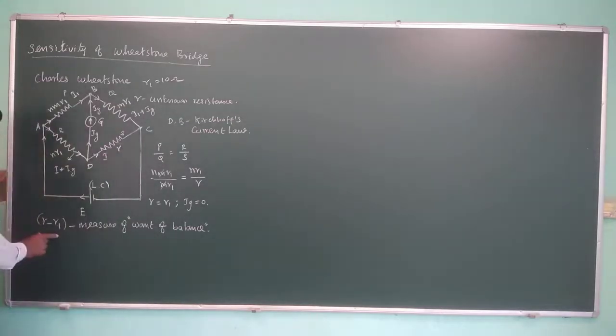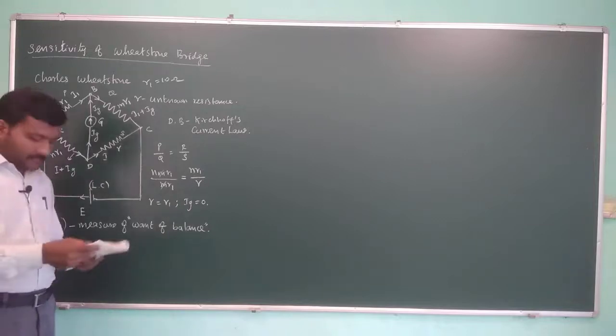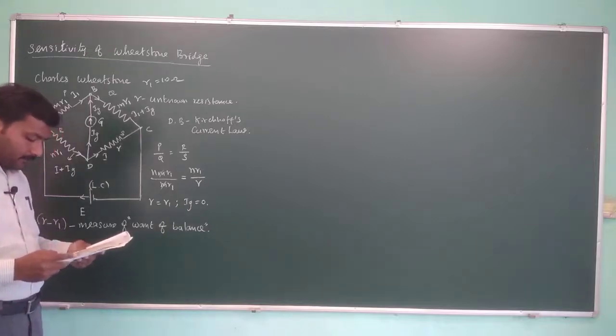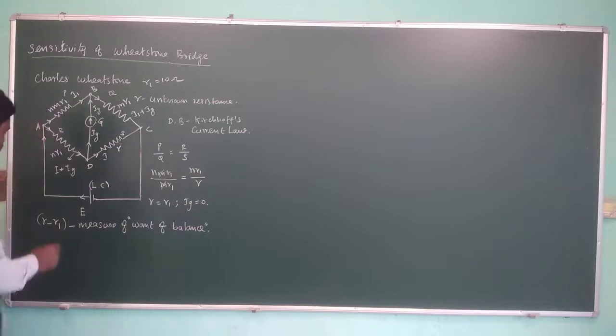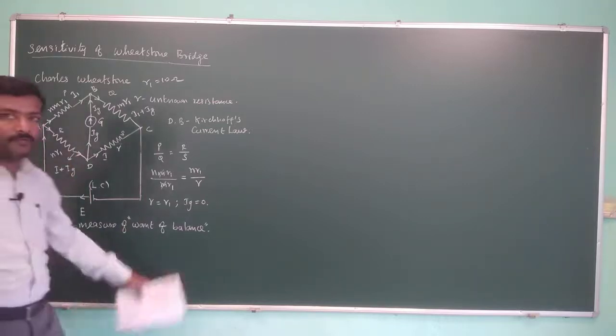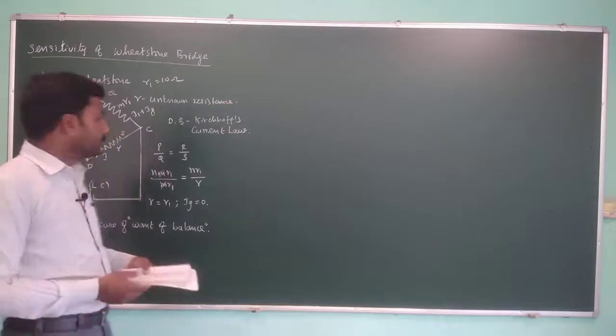If R minus R1 is greater, then the want of balance is high. That is, if the difference is high, then the bridge is far away from the balance.